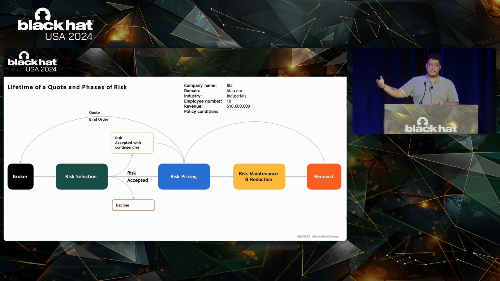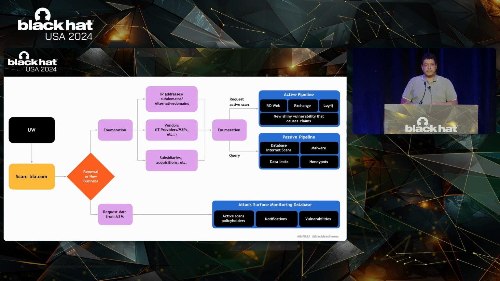Then we price that risk. Then, after we bind the risk, it goes into a risk maintenance and reduction mode, meaning the company becomes our policyholder, and we notify them about things every single month that they need to fix. And then when the renewal time comes back, we quote that company again with the new price, and they just stay in this loop. But let's dig into a little bit of underwriting.